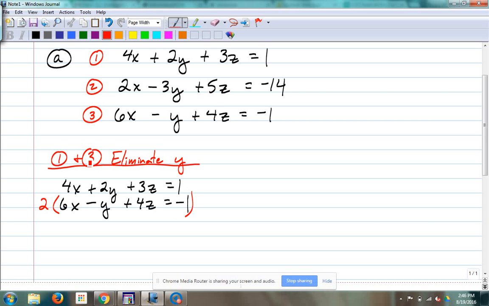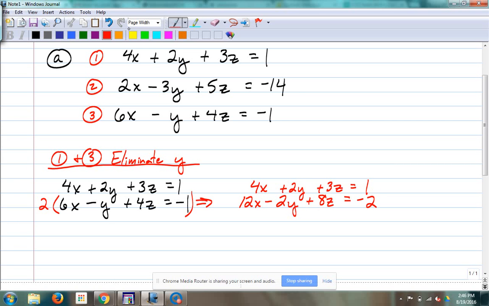This is where, as I said in the last couple of days, you've got to be able to do both methods, because substitution with 3 variables is very, very long if you don't have the elimination to help you shorten it up a little bit. So that changes that equation to 12x minus 2y plus 8z equals negative 2. And the top equation doesn't change at all because I didn't need it to.